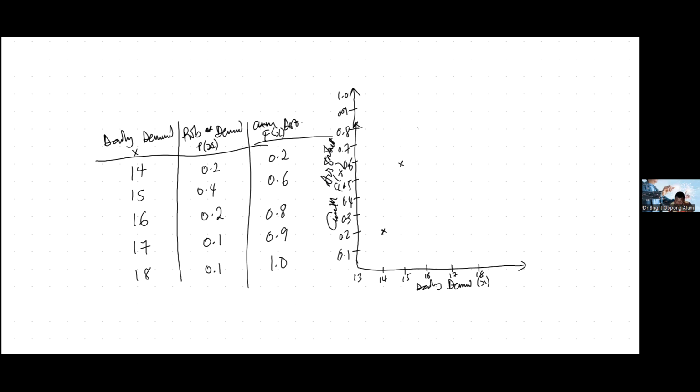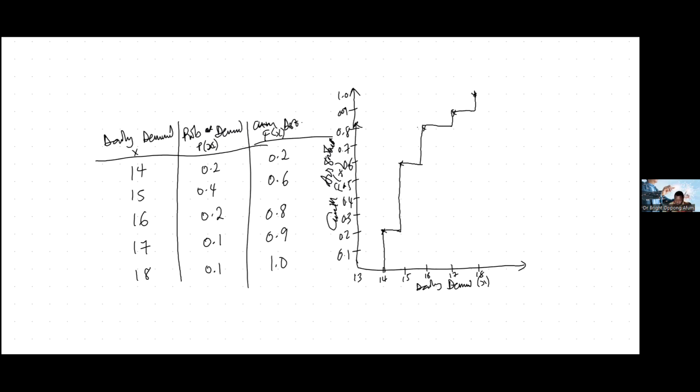We have it here, 17 and 0.9, somewhere there, and 18 and 1. Right, so if you are to look at the probability distribution, it will be in the form of that. So at least we have this, right?